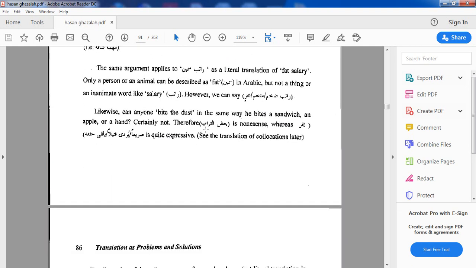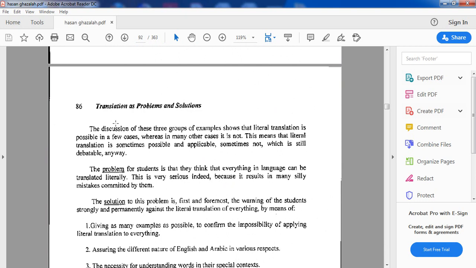And here we have a very important note. The discussion of these three groups of examples shows that literal translation is possible in a few cases, whereas in many other cases it is not. This means that literal translation is sometimes possible and applicable, sometimes not, which is still debatable anyway.